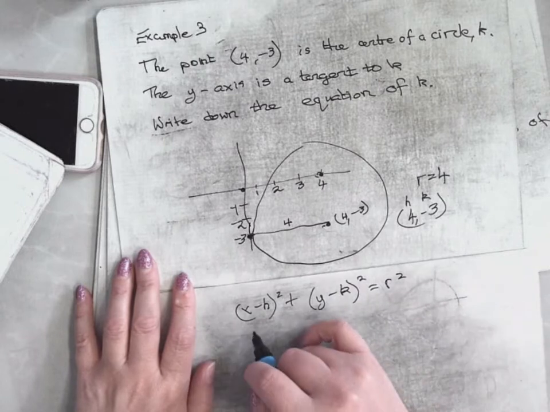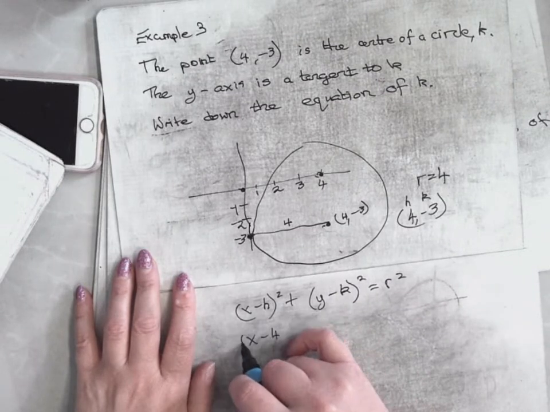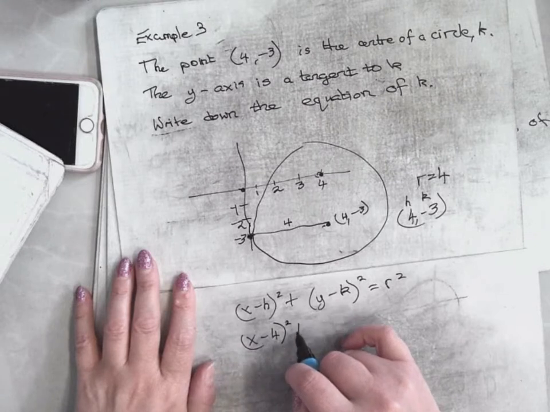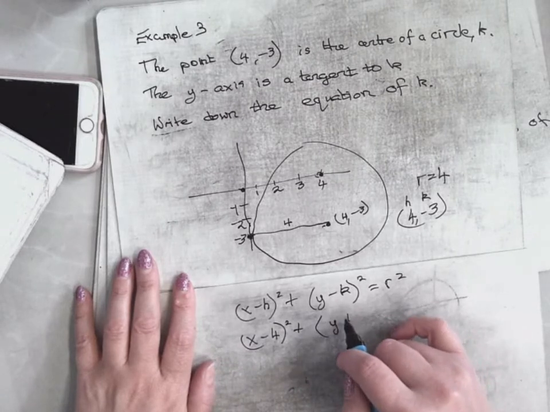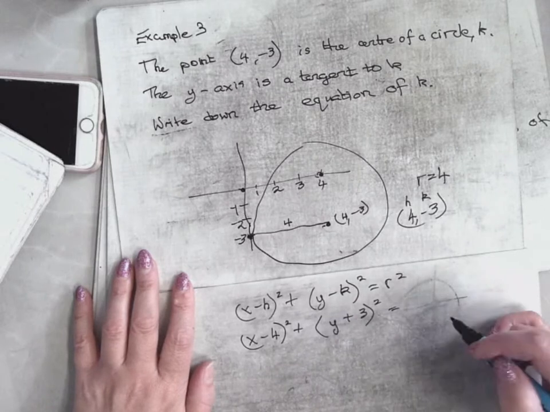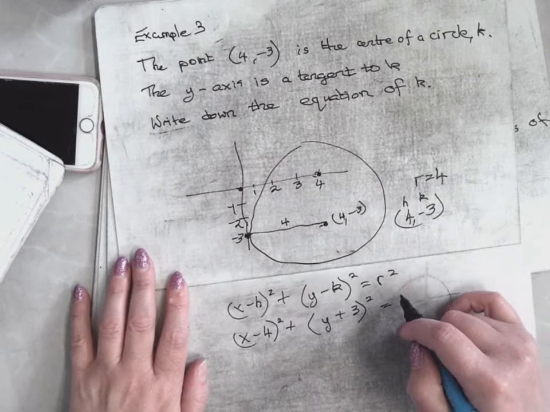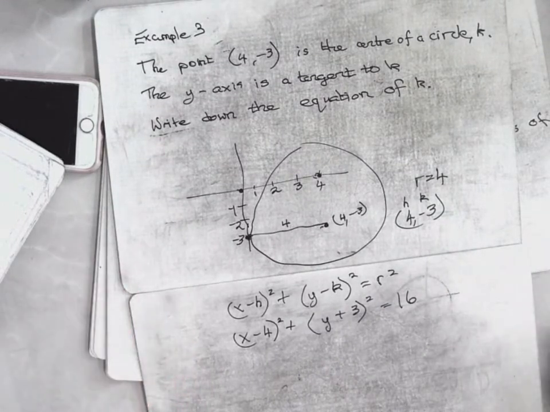That would be (x minus 4) squared plus (y minus minus 3, which is plus 3) squared equals the radius squared, which is 4 squared, which is 16. There's my answer. Is that okay?